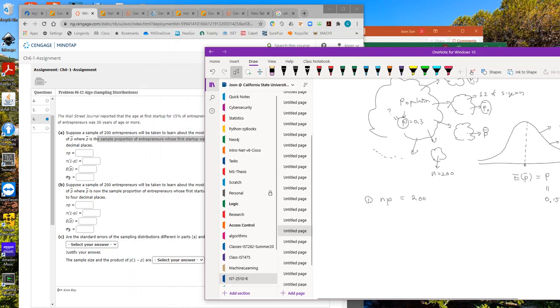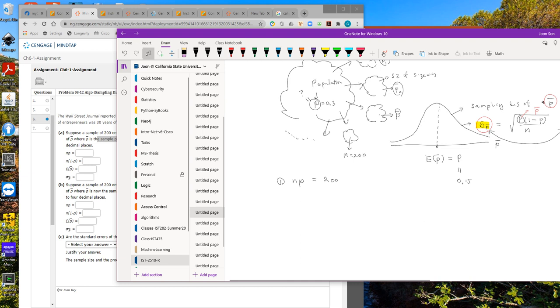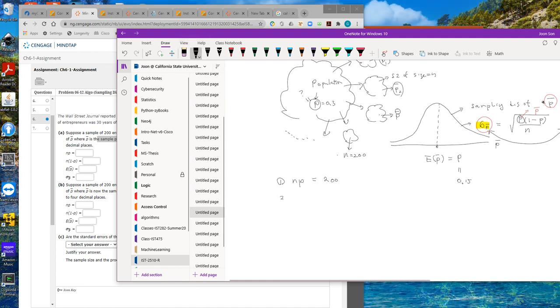They're also asking you to find this p prime, which is the expected value of p prime. To be precise, this is given, and let's say this is n times 1 minus p.